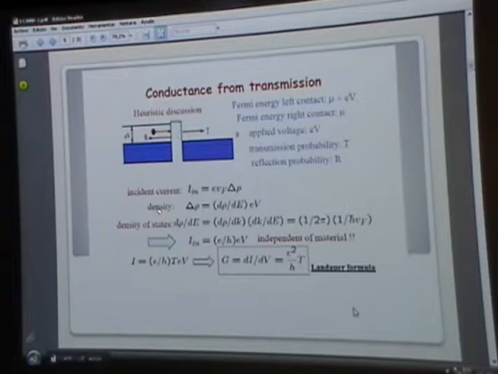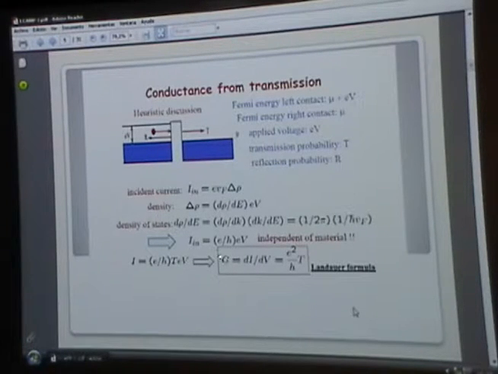In this case, the current at a low temperature is characterized by this transmission coefficient, which is the usual transmission coefficient that we calculate in elementary quantum mechanics when we consider a wave passing through a square barrier, for example.